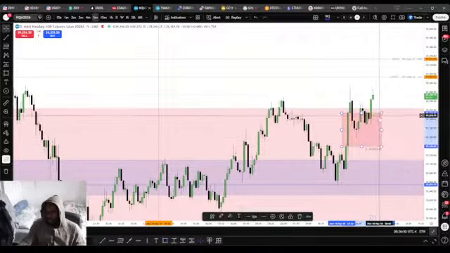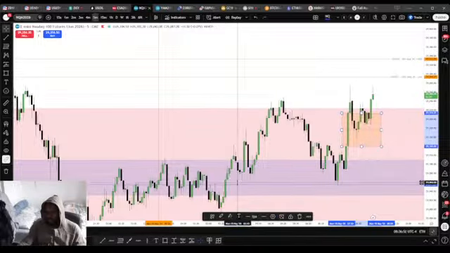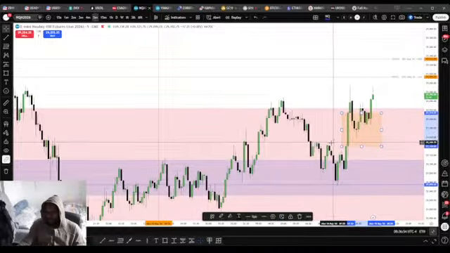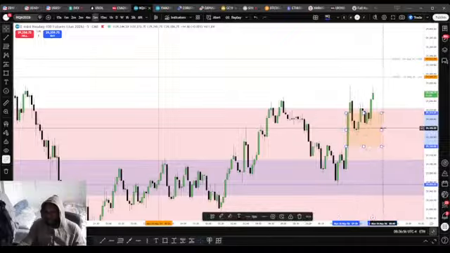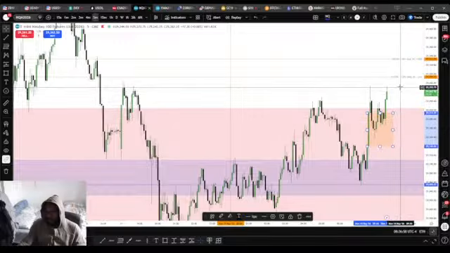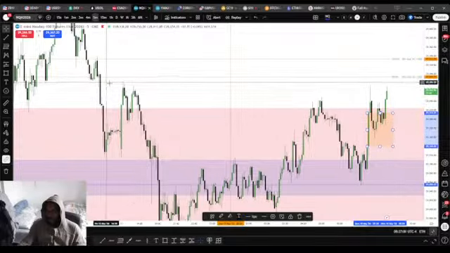Let's see how we can run. A potential setup, midpoint, supported by price. So I can expect price to take out these highs here.